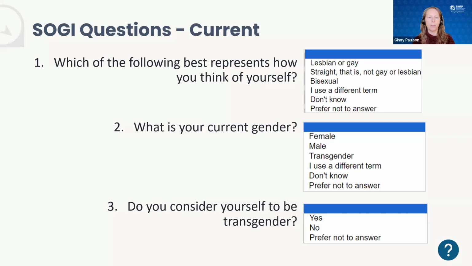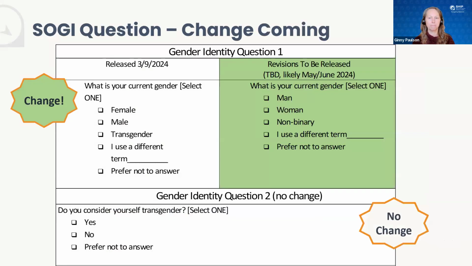Now, people have commented that there seems to be some duplication here, and Maggie Flowers is going to talk about a decision by ACL to make some edits. Yes, thank you, Ginny. And thank you all for your continued efforts to improve the demographic data collection. We really appreciate it. We are correcting the first gender identity question shown here on the screen in the white box, and anticipate the change being live in STARS and SIRS in May or June 2024.